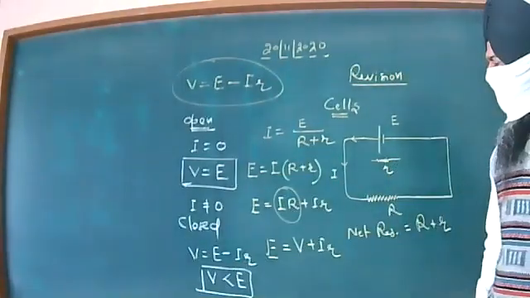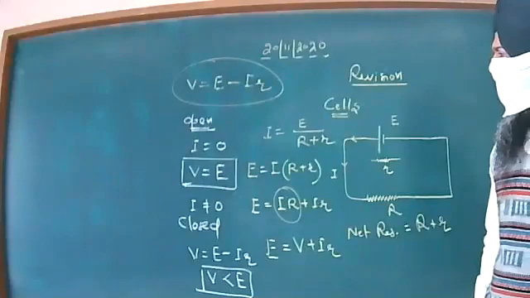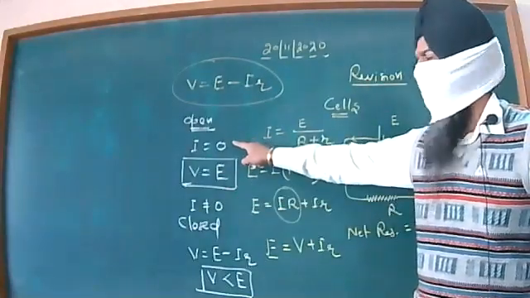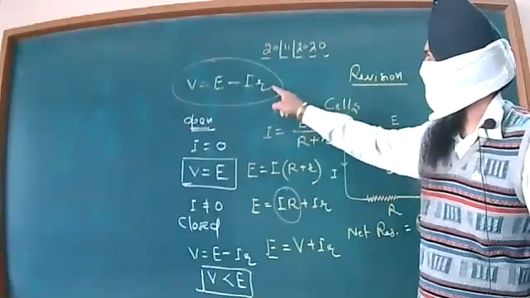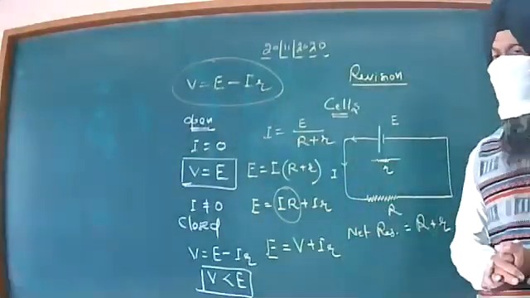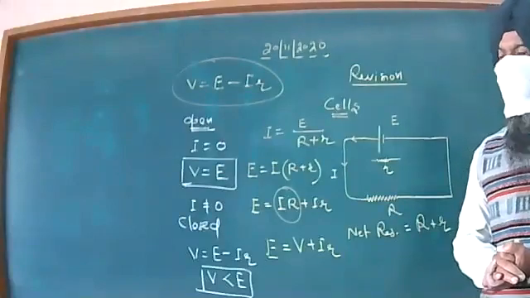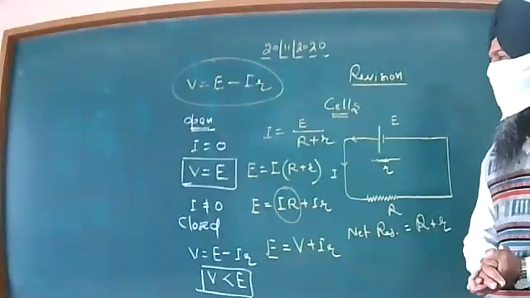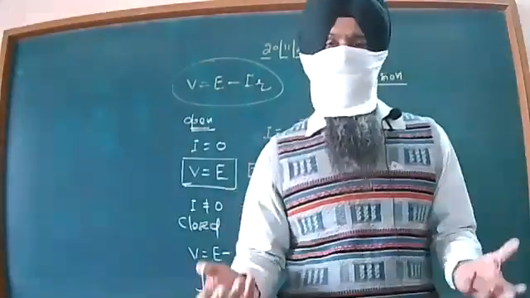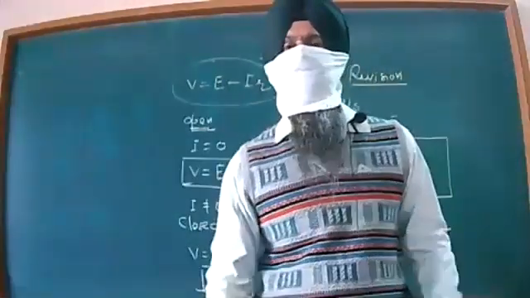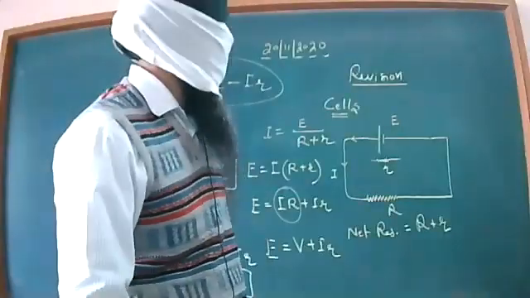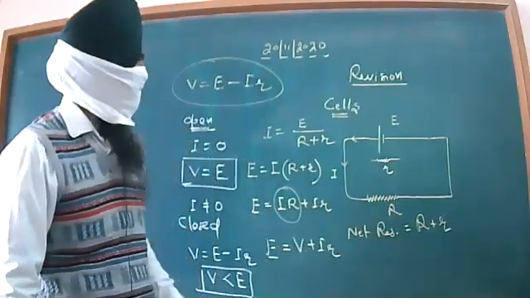And when we talk about an open circuit, I in that case will become zero. And if I is equal to zero, you can substitute it over here, and EMF is obviously equal to the terminal potential difference. That is why sometimes we call that EMF is nothing but the maximum value of the potential difference seen across the terminals of the cell.